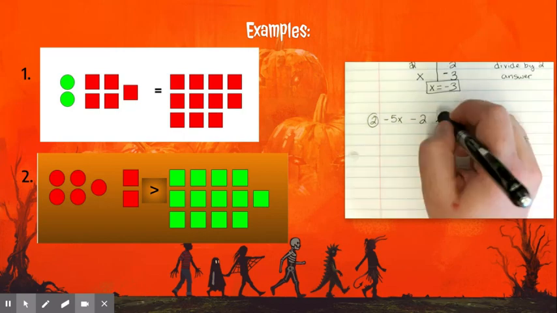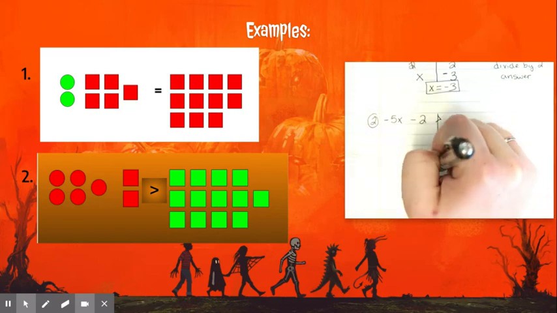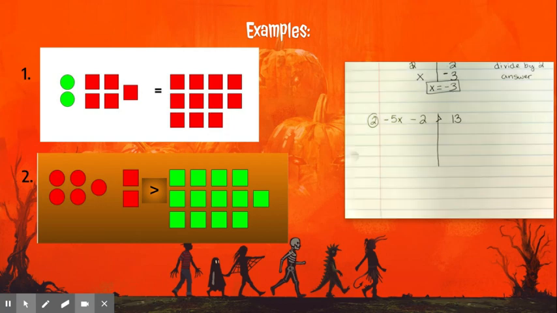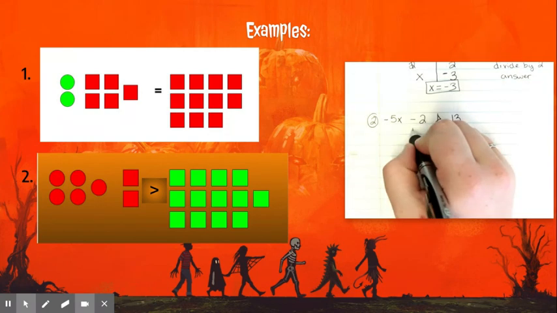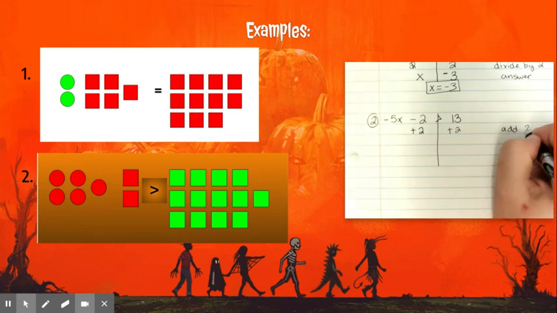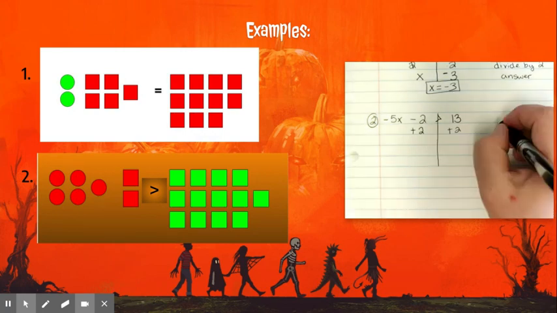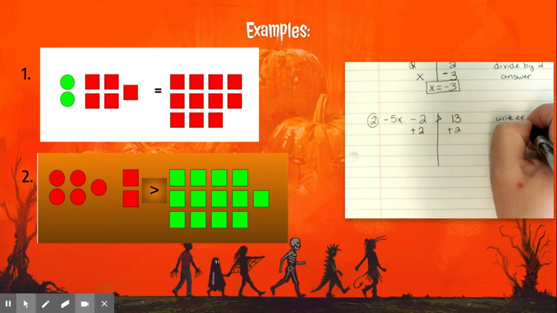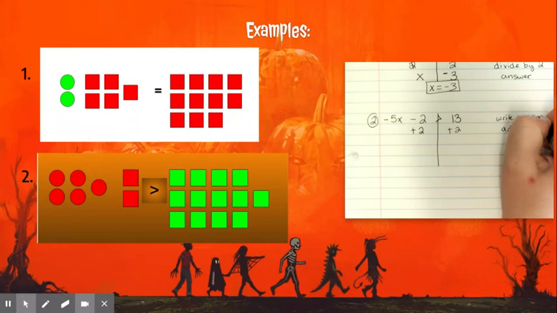Okay, so we're going to draw our line. First thing I have to do, add 2 on both sides. Write the equation. Add 2 on both sides.